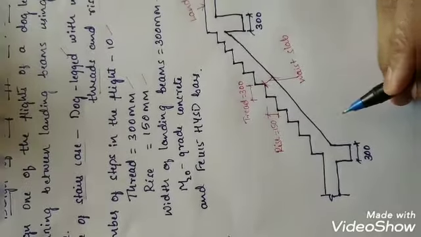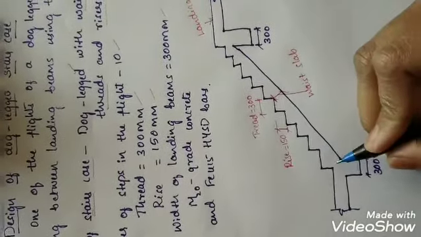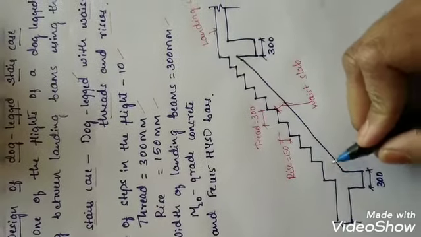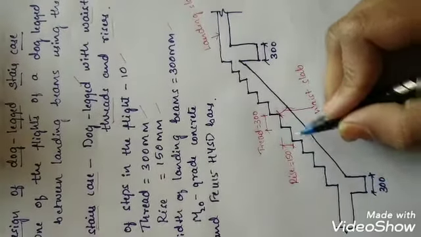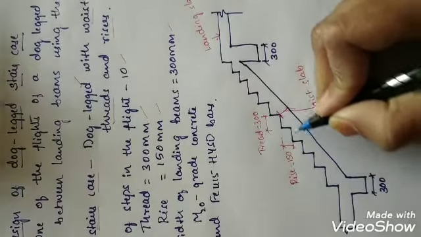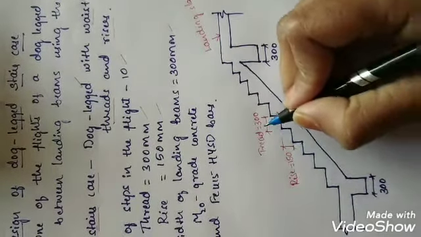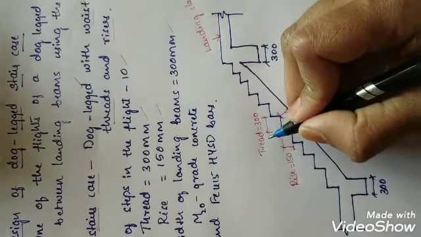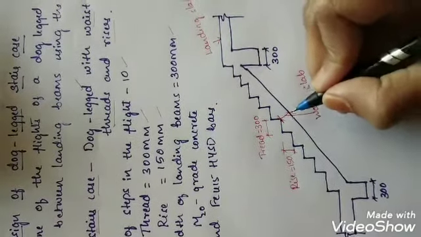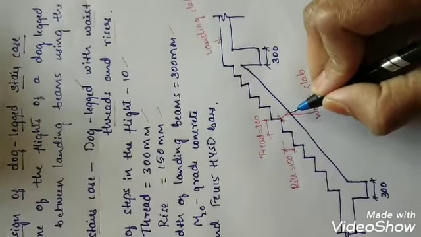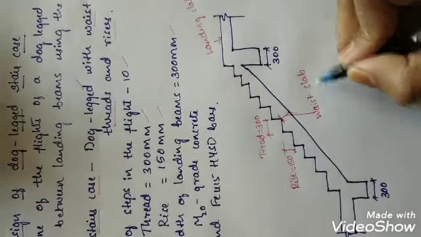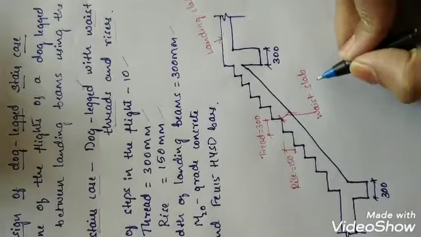Here I have drawn the diagram of the staircase. In the problem he clearly mentioned that we should provide 10 steps. Here I have provided 10 steps, and rise he gave as 150 mm and tread as 300 mm. I have shown it clearly in the diagram. Along with that he mentioned that we should provide a waist slab. The waist slab I have also marked here.